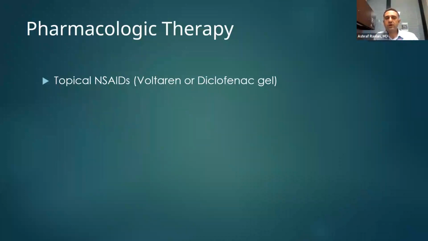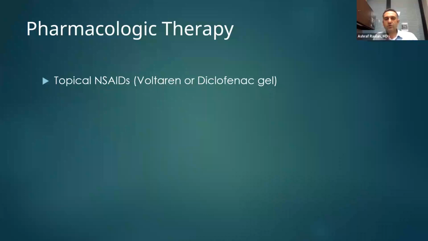So what we call NSAIDs, non-steroidal anti-inflammatory drugs. The topical NSAIDs, or topical non-steroidals, are usually first line for people who have only 1 or 2 or 3 joints affected, especially the hand or the knee. It usually works well for these joints. Not for everyone, but for many people.